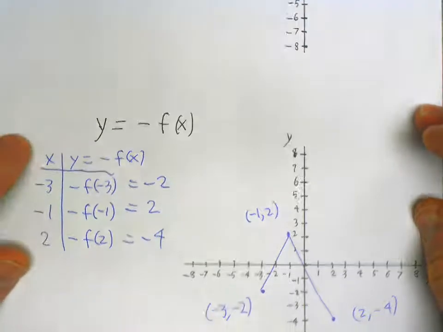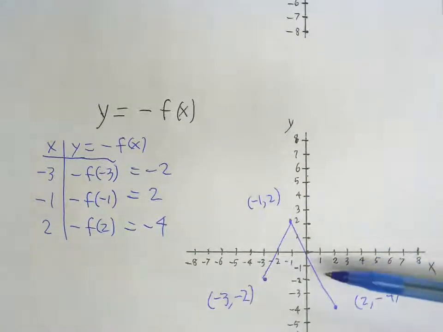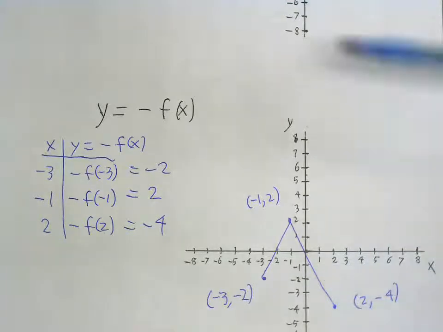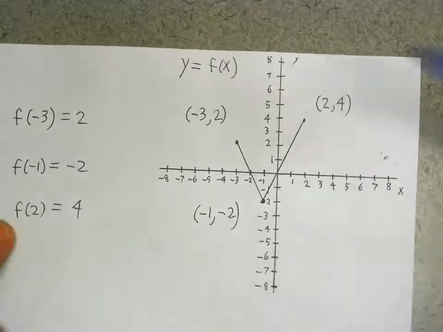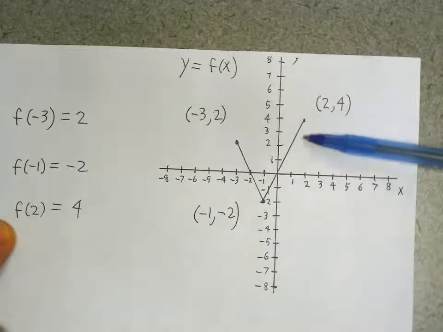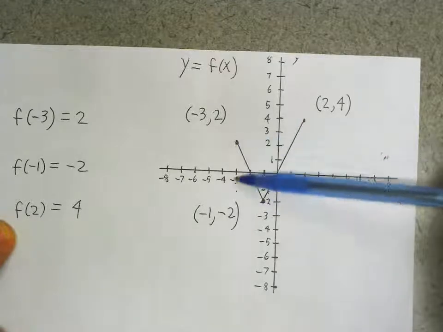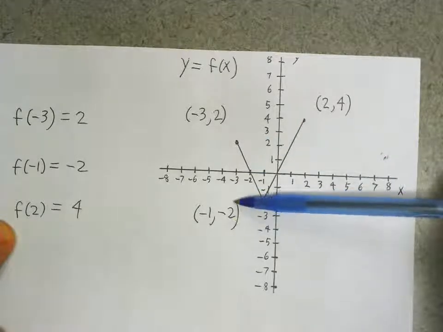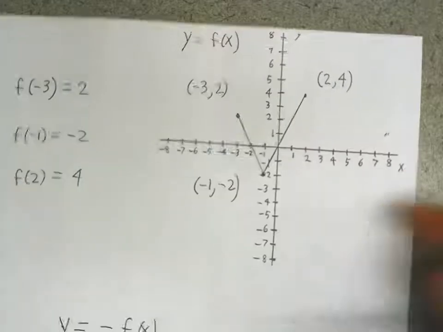So if you compare this graph with the one above it, you can see that this graph is the reflection of f of x across the x-axis. So this gets reflected down here, this gets reflected up there, this gets reflected down to there. Okay, the next example.